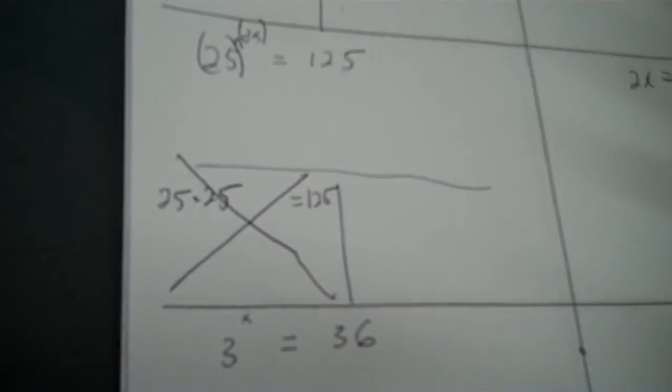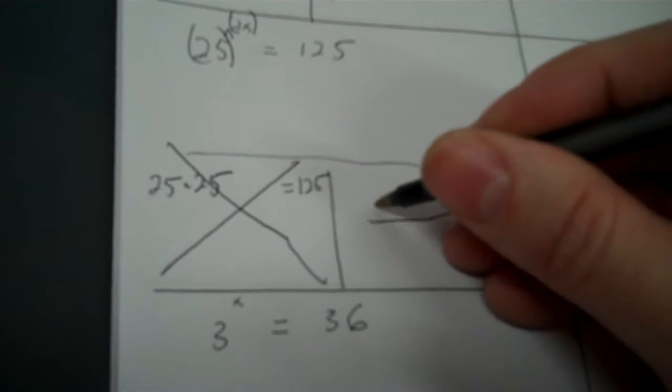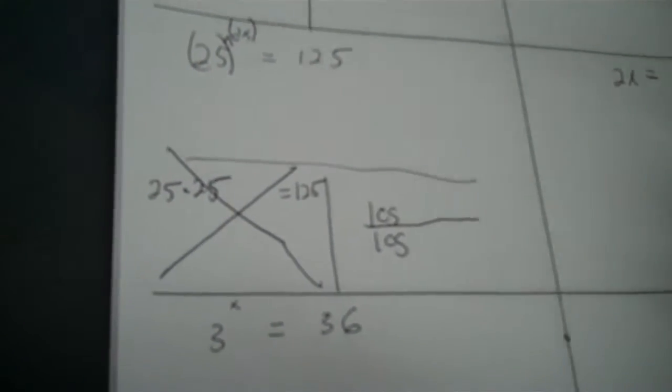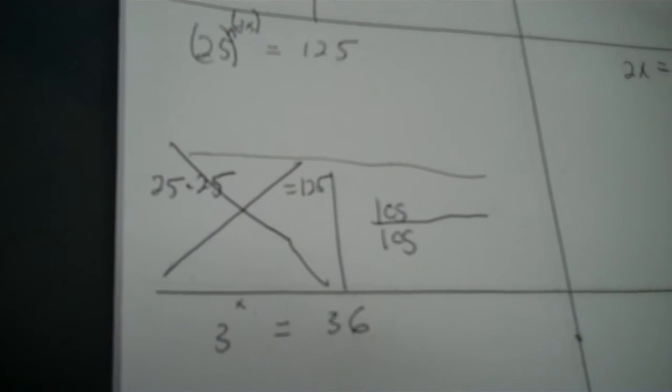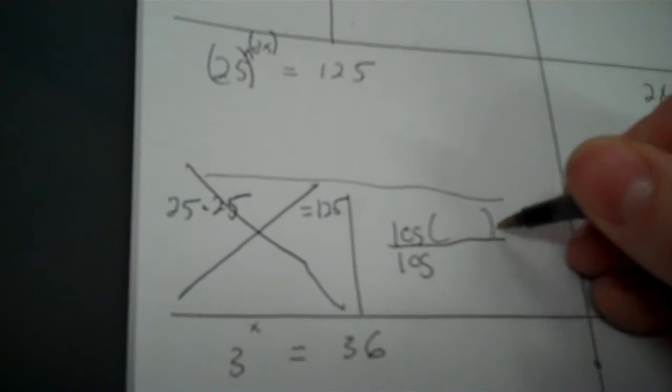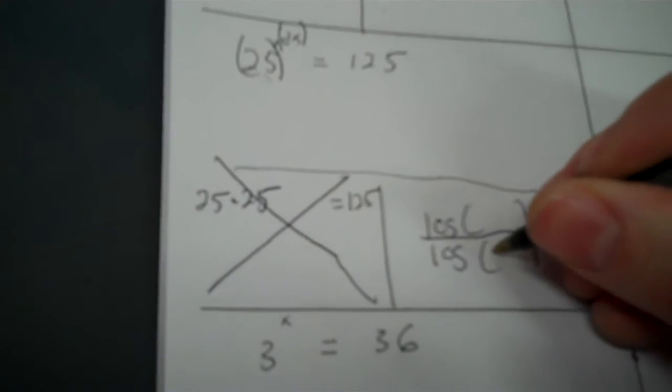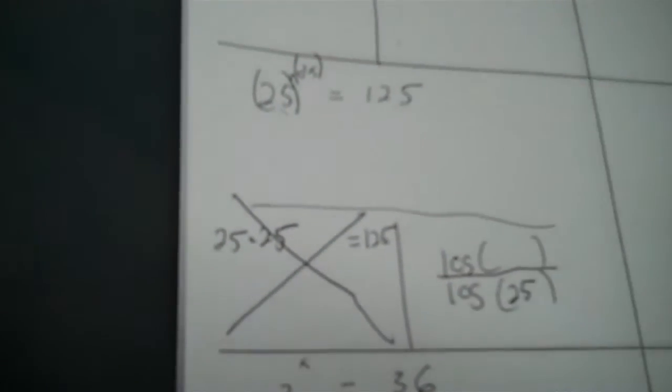Okay? So if that plan fails, what you're going to do instead is use your log divided by log, because it's going to be a decimal. It's an irrational decimal, which we will round. Okay? And then I put the 2 parentheses. Now, one thing you have to get right. Whatever's the base of the exponent, 25, that has to go on the bottom. You can't flip it, okay?